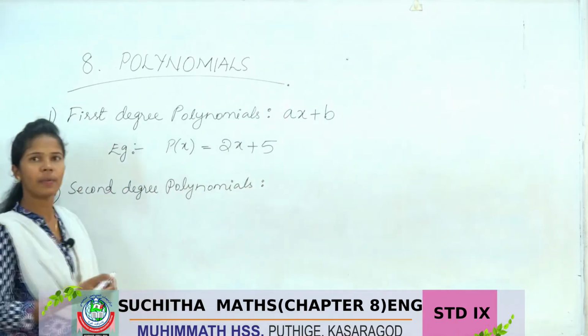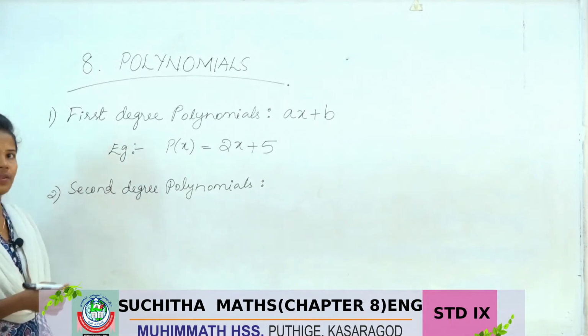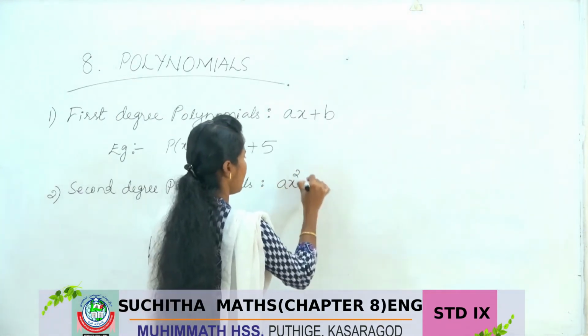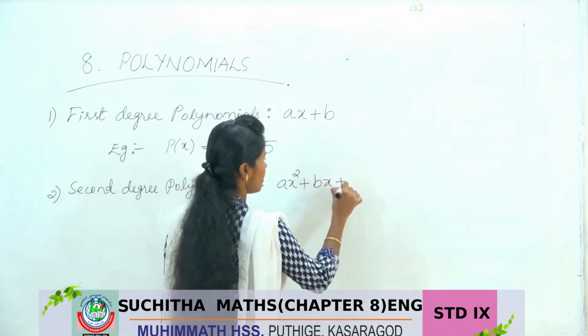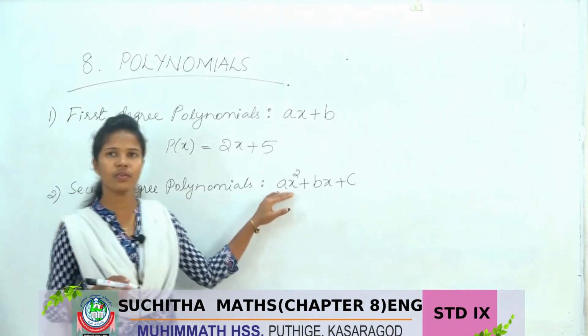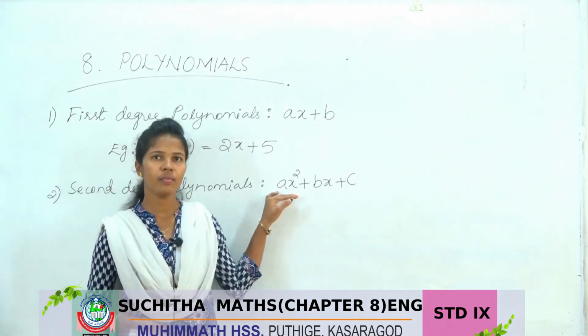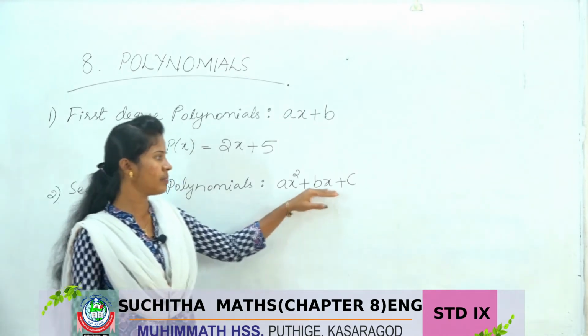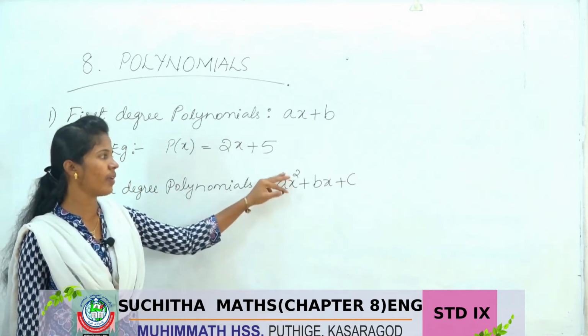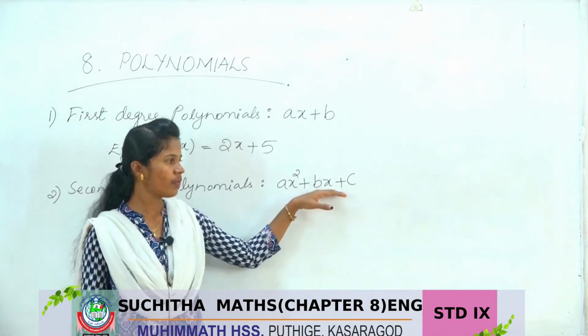Second degree polynomials, and the general formula is ax square plus bx plus c. Listen, it is the general formula of second degree polynomial, ax square plus bx plus c. Here the highest power of x is 2. Here the power of x is 1.